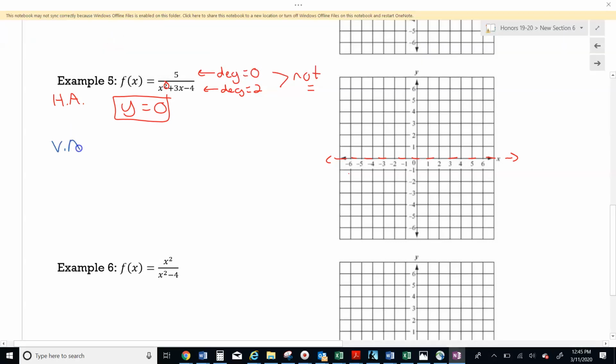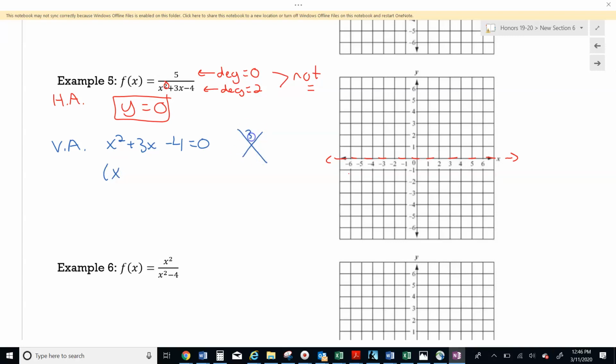Vertical. So I want x squared plus 3x minus 4 to be 0. Well, in order to solve this, I need to factor it. So I'm going to have x, let's do our little thing here.